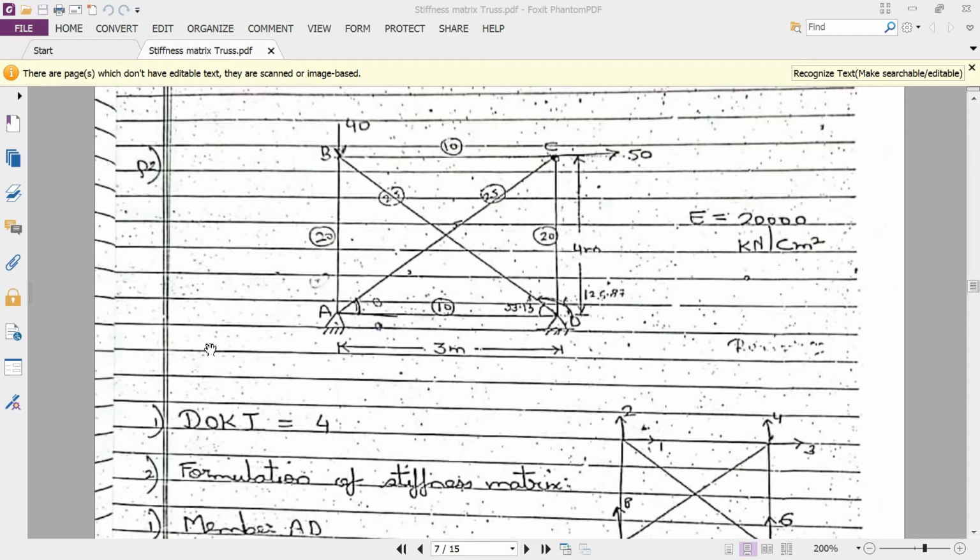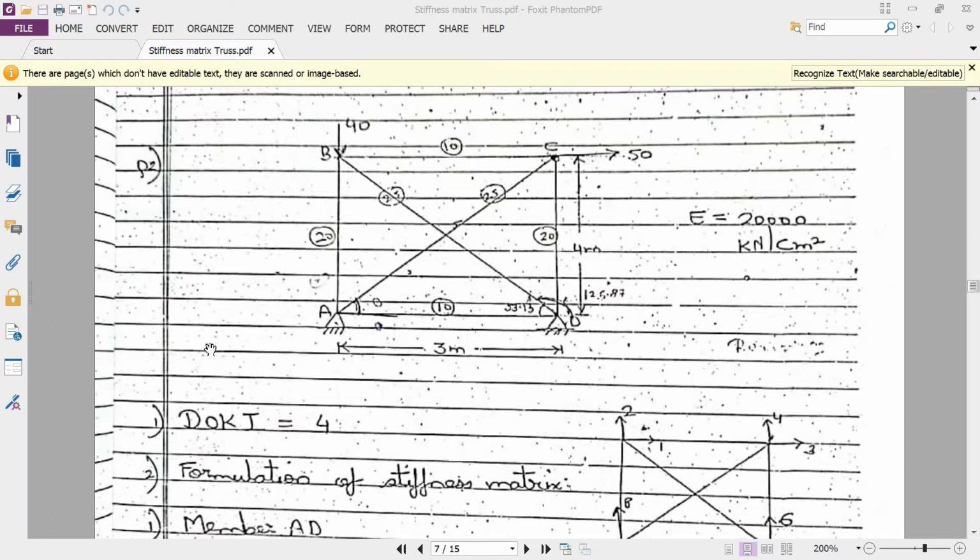As shown on the screen, this is a pin jointed truss which is having two nodal loads applied at points B and C. Along with that, A and D are the supports which have the fixity. In this case we have to calculate the unknowns in the form of displacement at a particular joint.